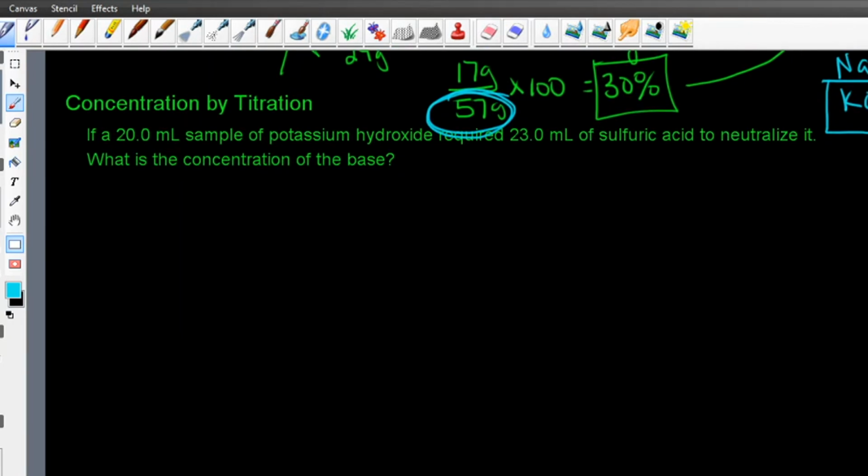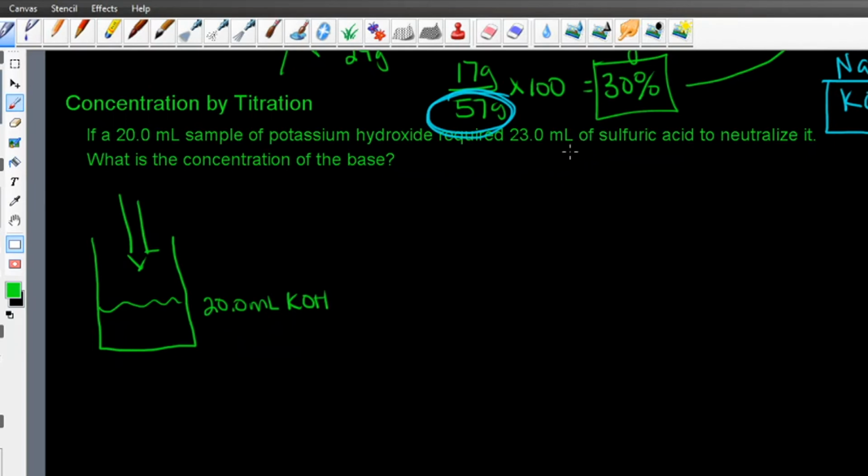Concentration of an unknown through titration. Let's draw it out. All right, so let's say we have a 20 milliliter sample of the base potassium hydroxide, and we are going to titrate that with a titrant of, oh, I didn't give you a molarity.